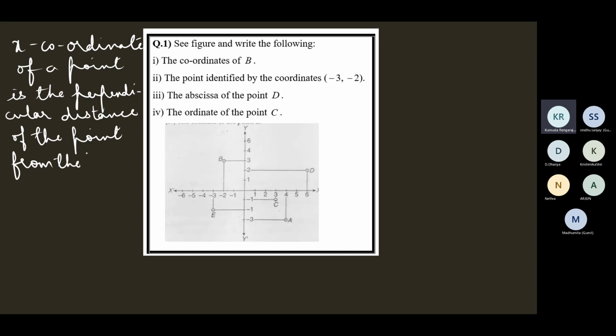I'll tell you how. The x coordinate is also called the abscissa. The y coordinate is also called the ordinate.